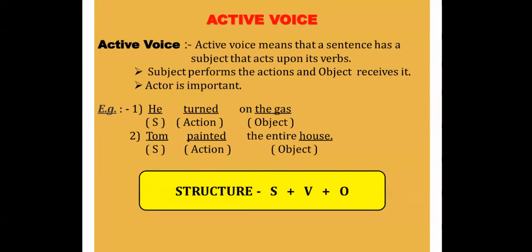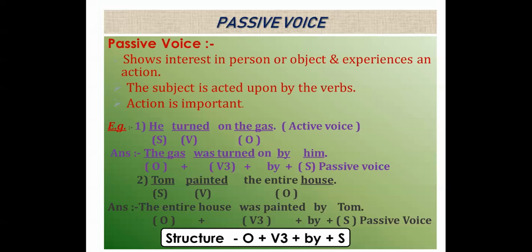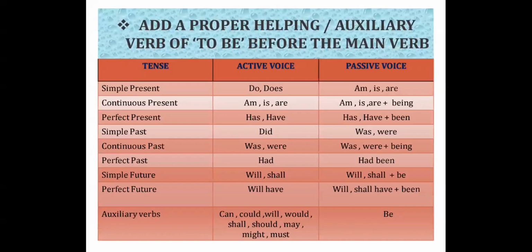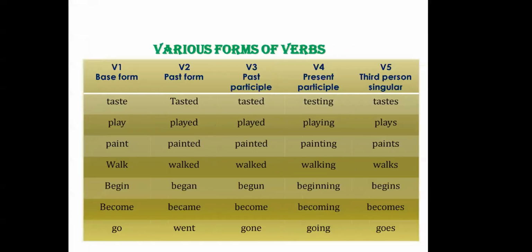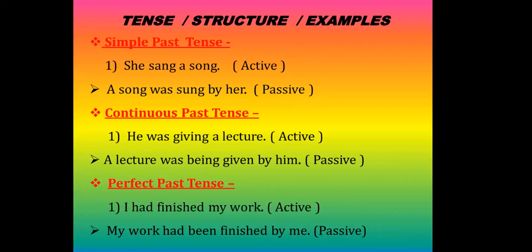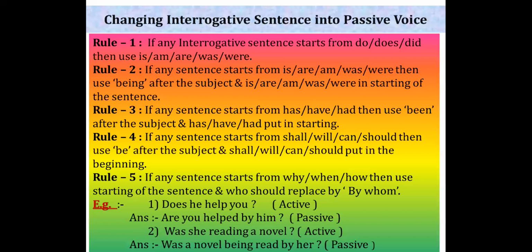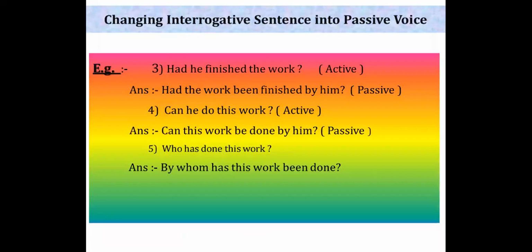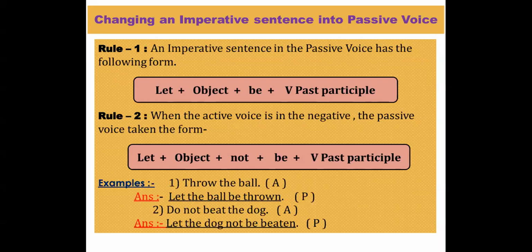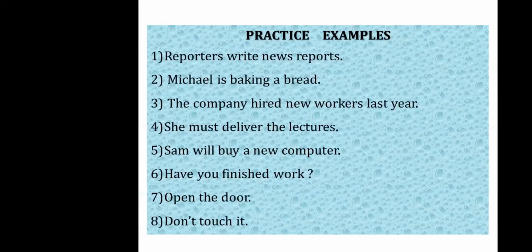Subject plus verb plus object. Passive voice structure: object plus third form of verb plus by plus subject. Convert using the rule chart, then add a proper helping or auxiliary verb. We have seen the steps while changing active into passive voice, and the structure and examples. While changing interrogative sentences into passive voice, 5 rules are there, and we have also seen changing imperative sentences to passive voice. Here we have completed the topic. Okay, thank you students.